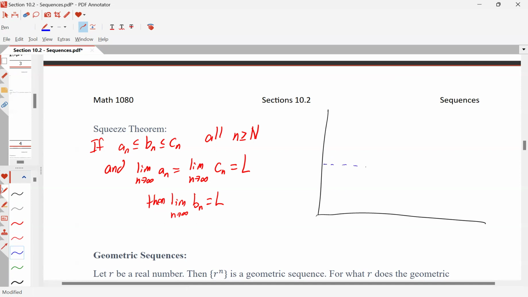If we have some limit L and we have 3 sequences, we have the sequence a sub n, which is doing its own thing, but it comes in to be very close to this limit L. And then we also have c sub n, which is, again, doing its own thing, but limits into the limit L. For my picture, I have these switched: a sub n is bigger than c sub n.